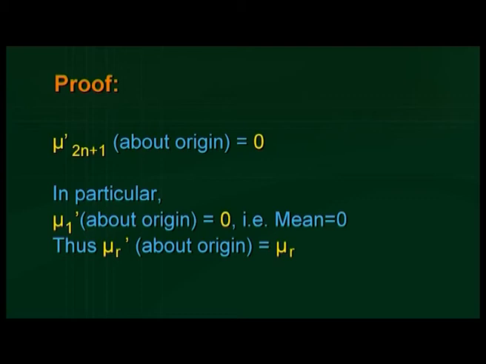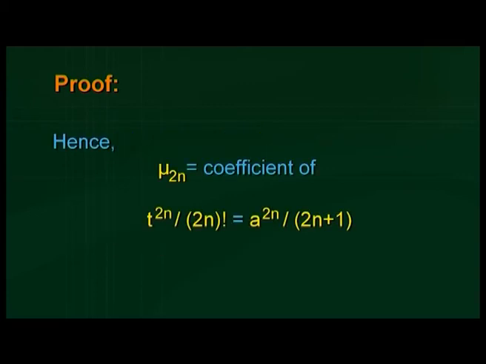Thus, μ'_r about origin is equal to μ_r. Hence, μ_2n is equal to the coefficient of t^(2n)/(2n)!, which is equal to a^(2n)/(2n+1).